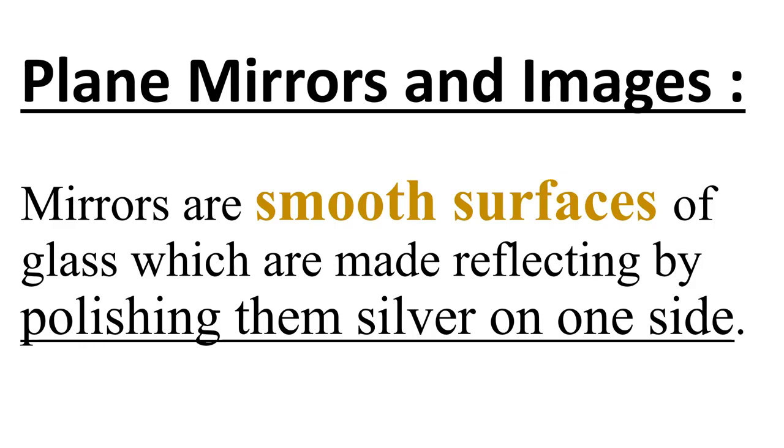At this point, we are familiar with the two types of images that are obtained. Let us now study in detail what type of images are formed on plane mirrors. Mirrors are smooth surfaces of glass which are made reflecting by polishing them with silver on one side.